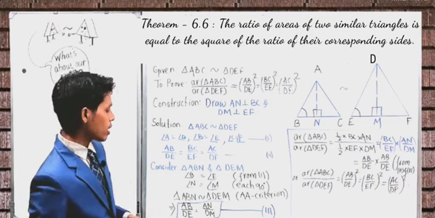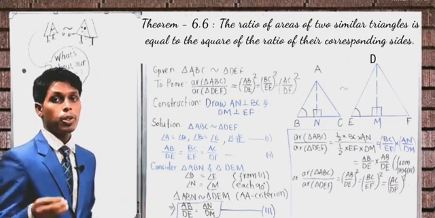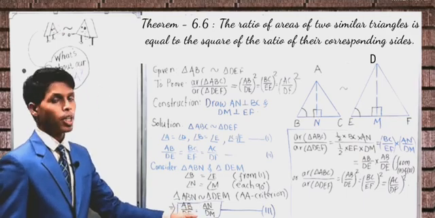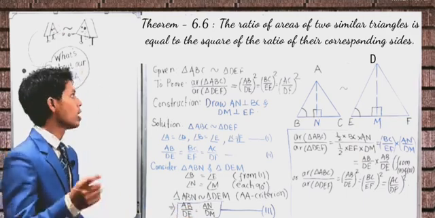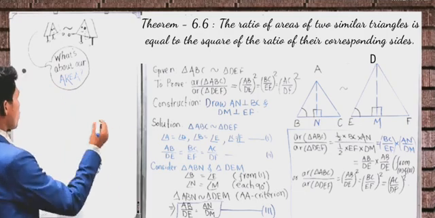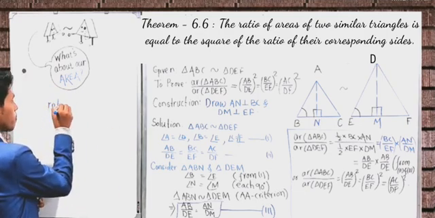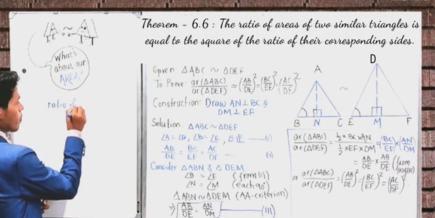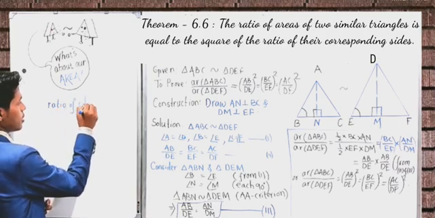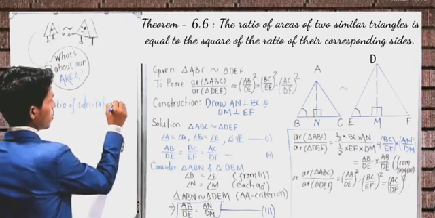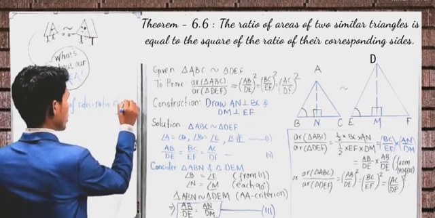Now you can calculate the ratio of the areas if you have the ratio of the corresponding sides or the ratio of the corresponding perpendiculars. So let's write these points, that ratio of sides is equal to ratio of perpendiculars.